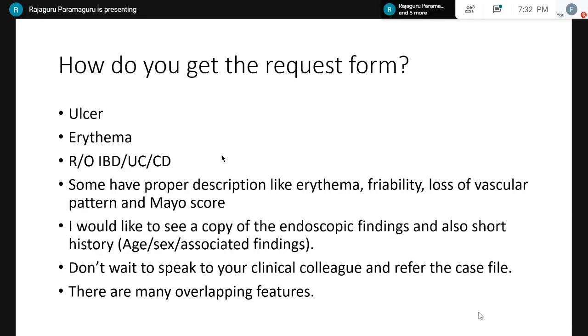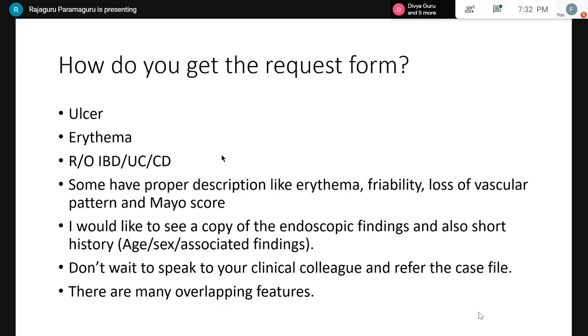And obviously the age is also very important when we are dealing with any pathologies of the colon and the rectum. So again, age and sex, as I told, we should not wait to speak to our clinical colleagues.